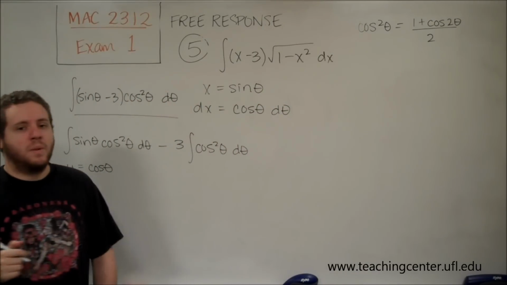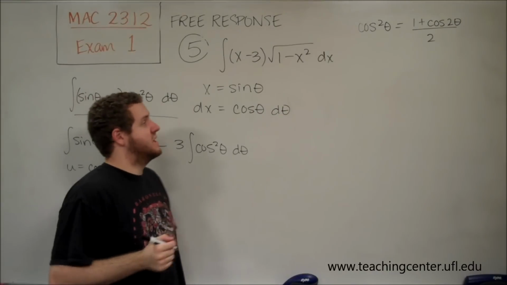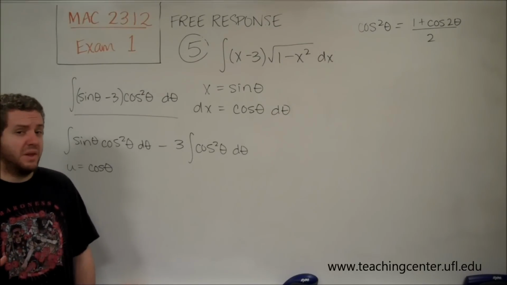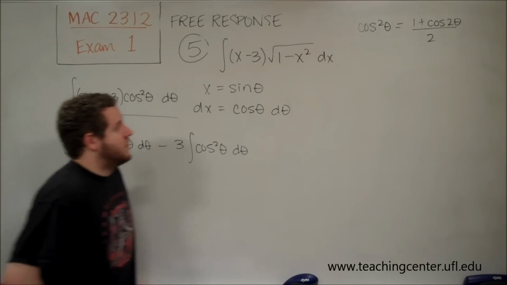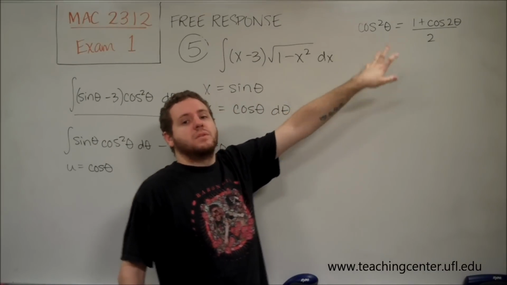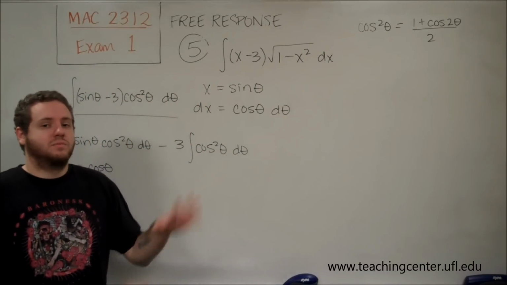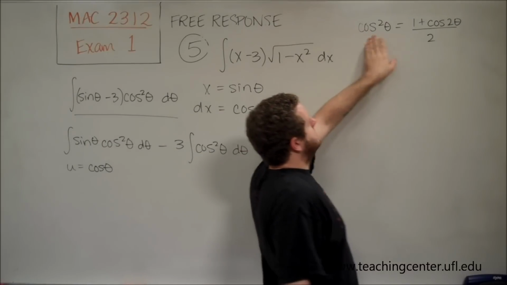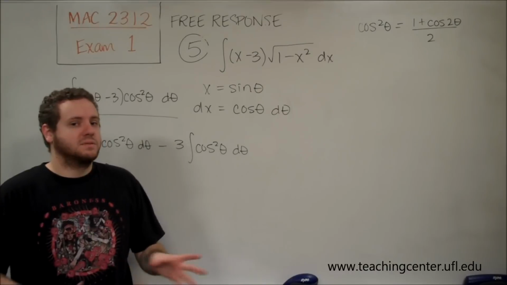And if you don't remember those, which I honestly suggest not memorizing because there's a lot of them and they're really confusing because a lot of them are pretty similar, you can always just get this from the double angle formula. If you remember the double angle formula for sine and cosine from back in Calc 1, all you're doing is rearranging that to solve for cosine squared instead of solving for the double angle.